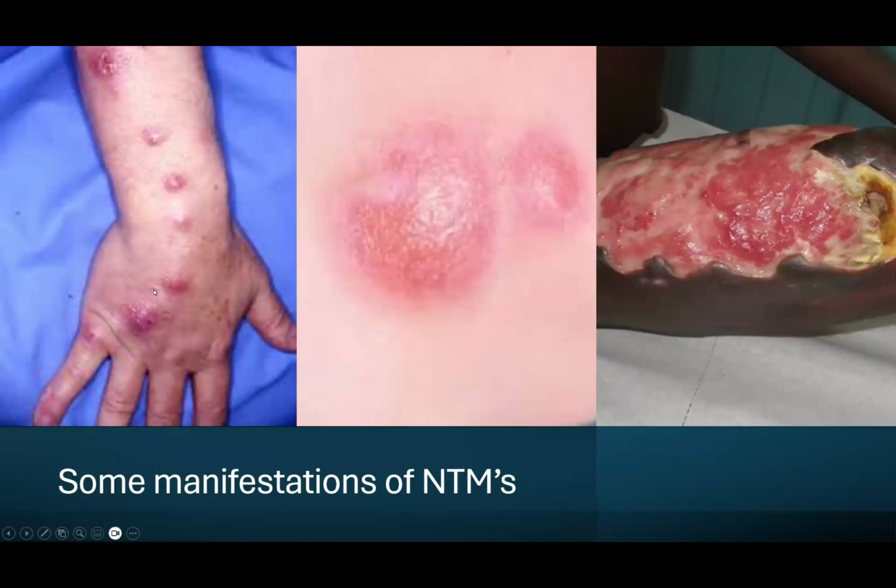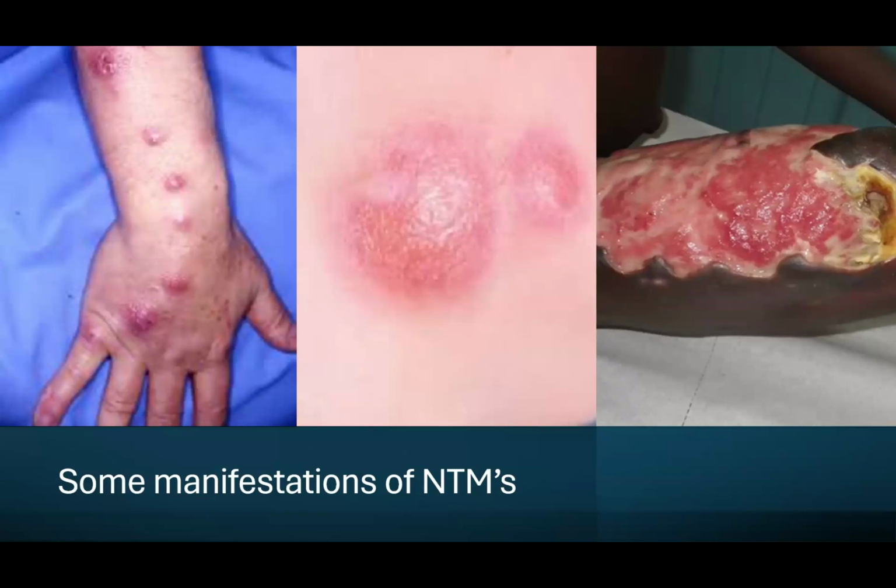So just some manifestations of the NTM. This is Mycobacterium marinum, which usually apparently infects fish. But if you have open skin and you put your hand in infected water, then you get these nodules and skin infections along a lymphatic. I was wondering why I didn't see scrofulaceum, because I've heard of scrofula, the one that causes lymphadenitis.